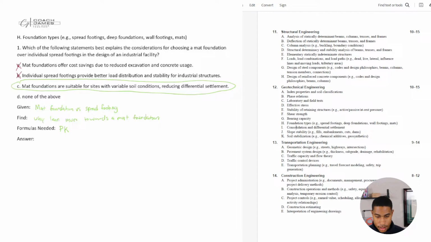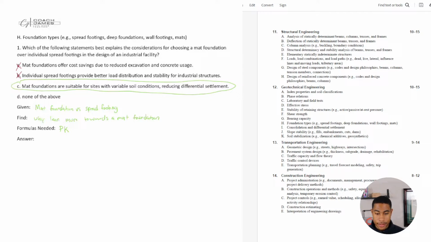Mat foundations could have challenges in construction on sloped sites, basically due to the need for extensive excavation for leveling to create a flat surface for the foundation. So if you have a bunch of slopes, a mat foundation is not what you're going to want to use. Designing mat foundations requires careful consideration of the soil conditions, structural loads, and settlement expectations.